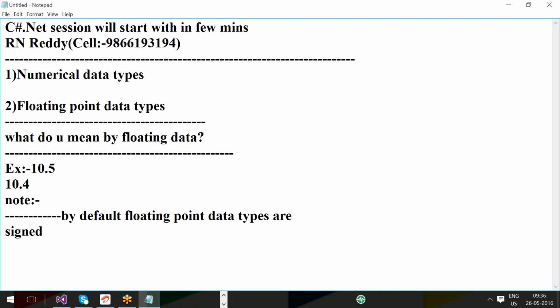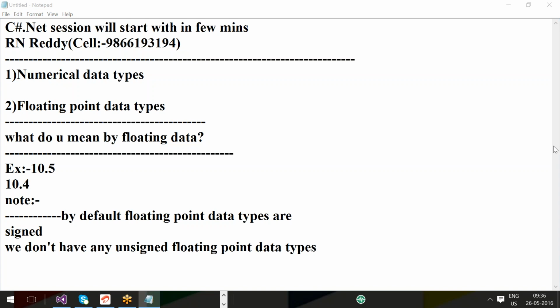Signed means which will allow positive values and negative values. So we don't have any unsigned floating point data types.